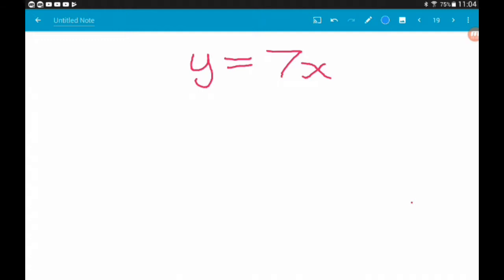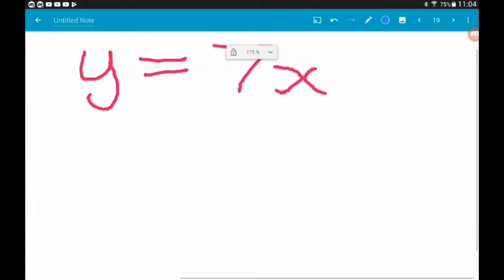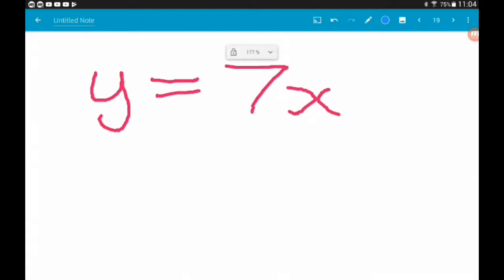In all the examples we've done so far, we've always had a higher power of x, so it's always been a curve. On a curve, the gradient changes depending where you are. So we're going to get a slightly different result here. First of all, let's put a power of 1 on this x. y equals 7x to the power of 1.